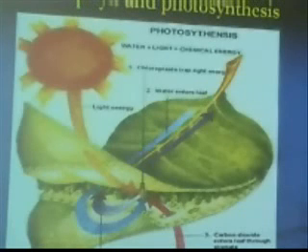From here, you see? Out of the leaf to the other parts of the plant. Okay.